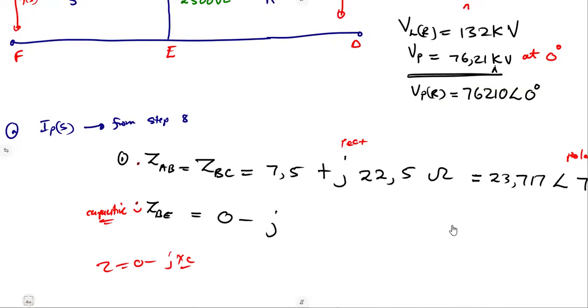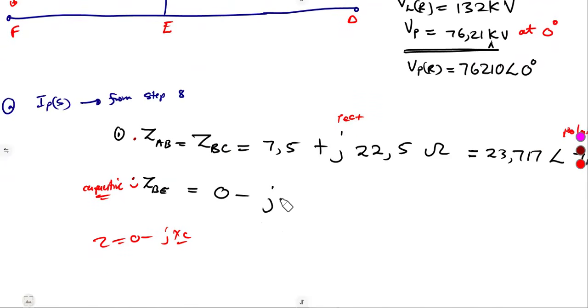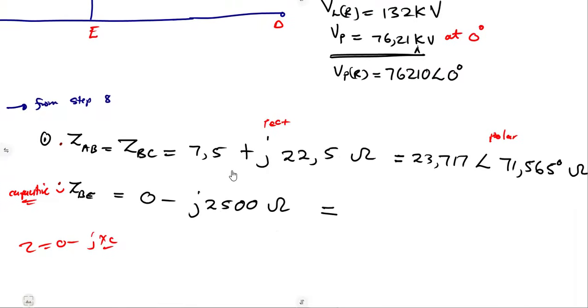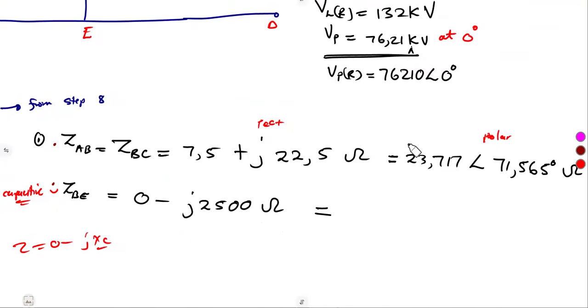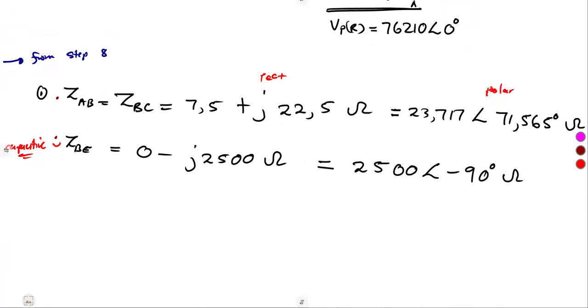So our capacitive reactance is 2,500. We can also convert this one to polar form, just like we did before from rectangular form to polar form. It gives you 2,500 and an angle of negative 90 degrees. So that is it with the impedances. We are going to use these impedances later on.